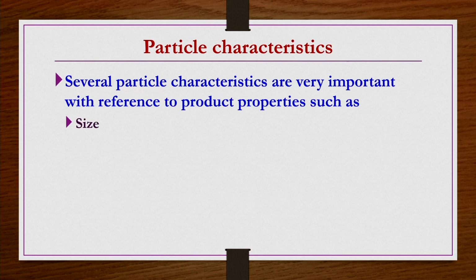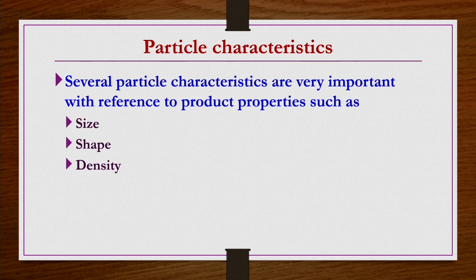Based on size only, you are going to decide its involvement in unit operations or unit processes. Then shape is also very important, then density. These three are very essential particle characteristics, especially related to granular or particulate solids transport and their processing in unit operations.